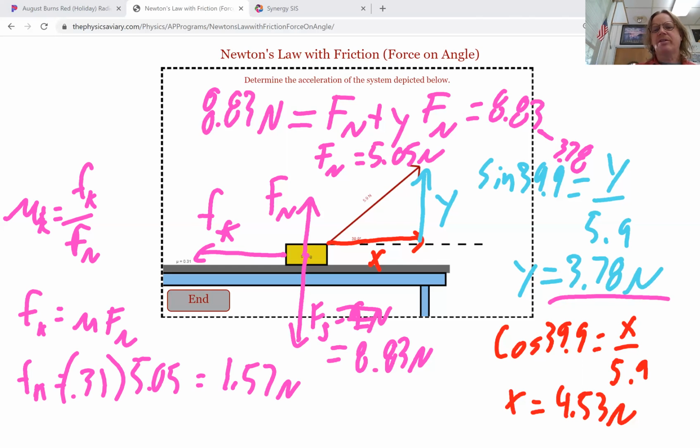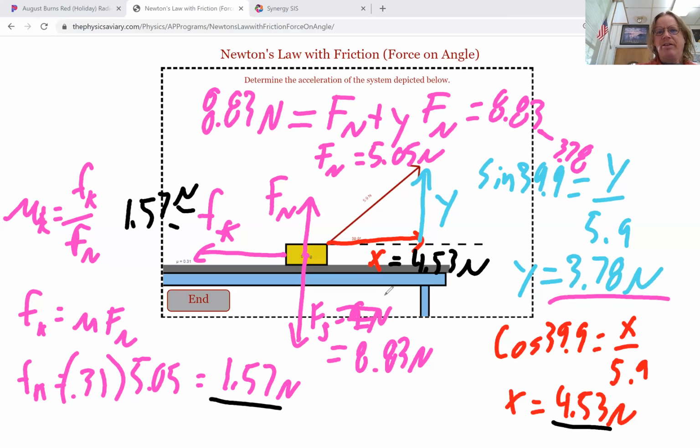To find the acceleration, I only have to sum up these forces. Sideways, I have a friction force of 1.57 Newtons, that's what I found here. But here, I've got a 4.53. So this is 8.83 down, and that plus that is 8.83 going up. So that cancels out.